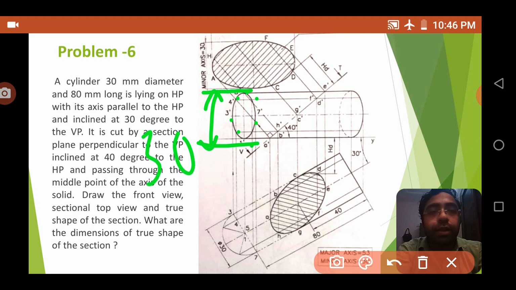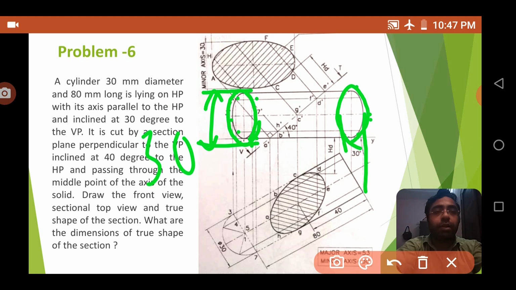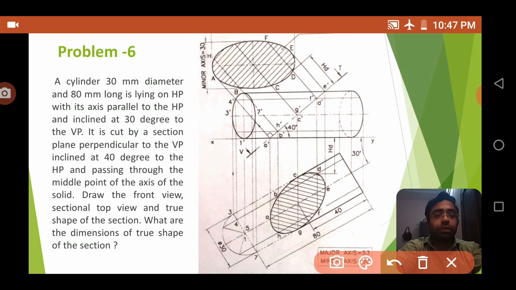When you join them, you will get an elliptical shape. Similarly, you mark these lines, and here you will get 2 points, and then at the top and bottom points, you will get a semicircle. Join it and you will get the front view. So this is very easy.